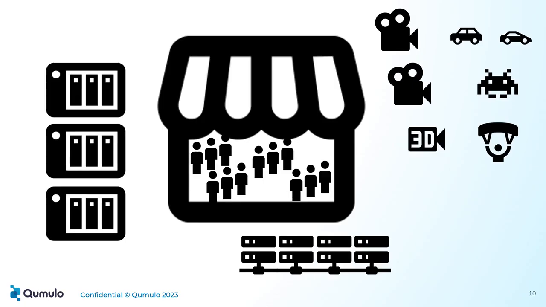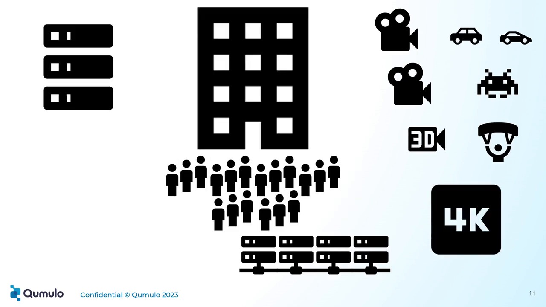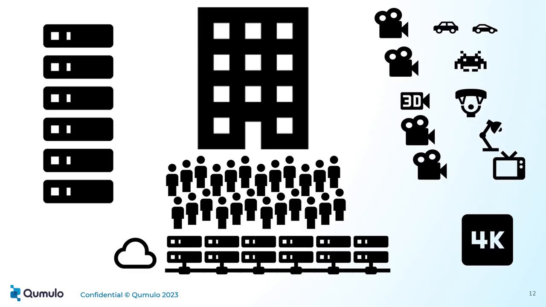Then they keep getting bigger, more render nodes, more storage, and then they move into an office, more render nodes. They're getting more projects. They're doing 4K now, so then they buy enterprise grade storage, and then they keep getting bigger and bigger.